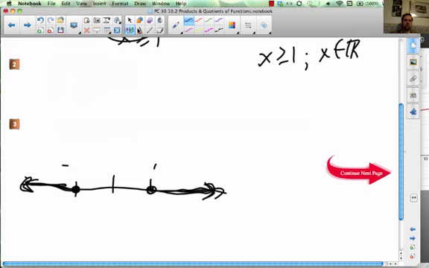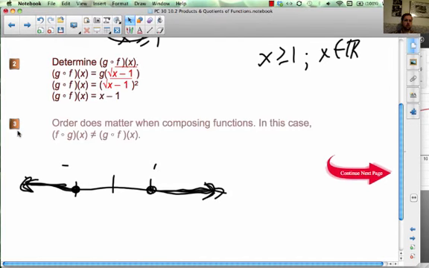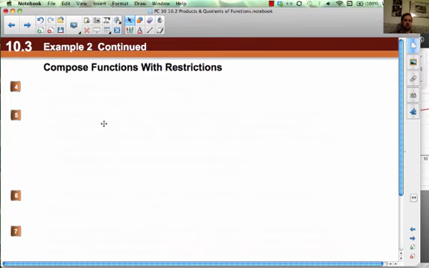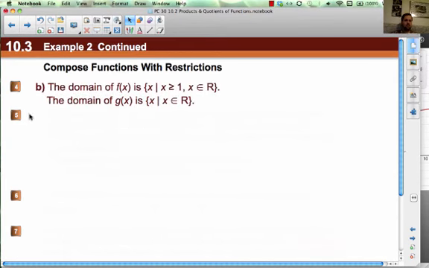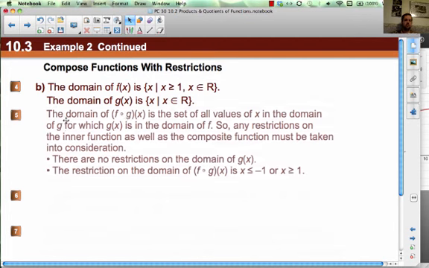So let's just see if we can summarize some of those. I left this stuff up. There you go, the domain of the original two functions. Now, the domain of f of g is a set of all values of x within the domain of g for which g of x is in the domain of f.